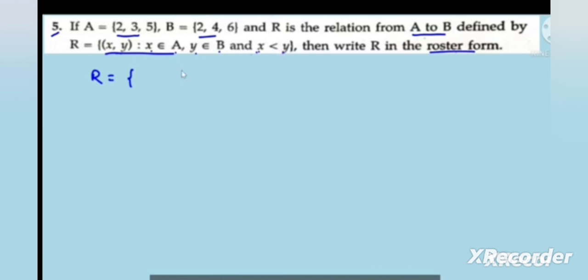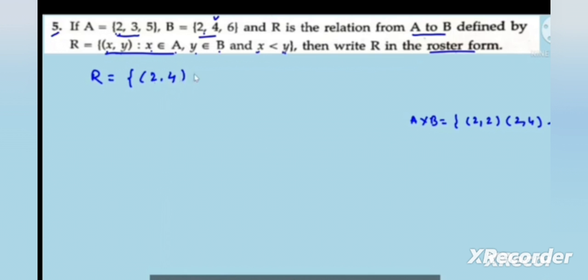So from the set A cross B, we have to pick up the elements which satisfy the condition x less than y. A cross B will contain how many elements? 9 elements. We are not going to write all 9 elements; we have to choose the ones which satisfy the condition x less than y.